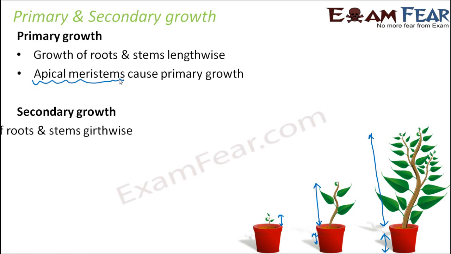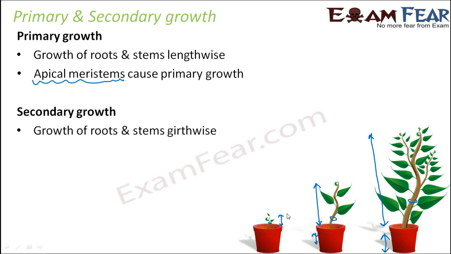When I say secondary growth, we talk about the growth of roots and stem girth-wise. So here if you see the thickness, it is very thin. If you compare it with this, it is a little thicker. Now if you compare it with this, it is even thicker. So gradually as the plant is growing, the thickness of the stem as well as the thickness of the root is also increasing.